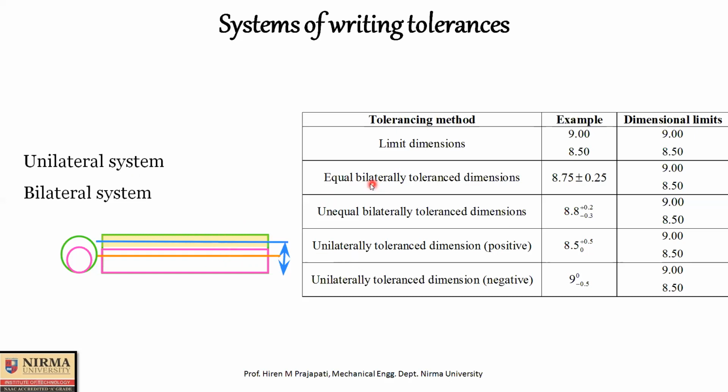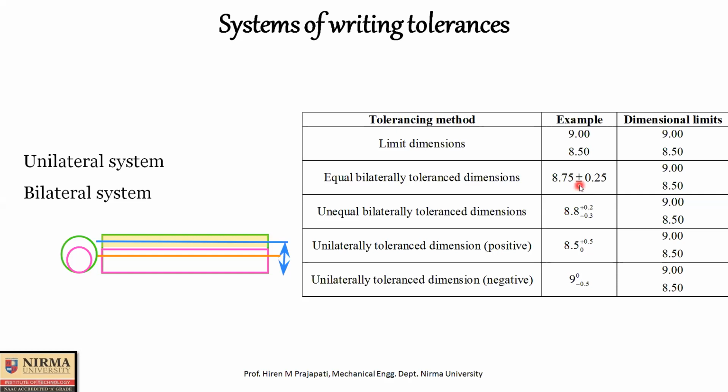Now let us try to understand this. Equal bilateral tolerance means that if you consider this blue line as the basic size, and the yellow tolerance zone is equally split on both sides, so the basic size line passes exactly through the center of the tolerance zone, then that is called an equal bilateral tolerance dimension. Here, suppose 8.75 is the basic size, and you give plus 0.25 mm variation above it and minus 0.25 mm below it.